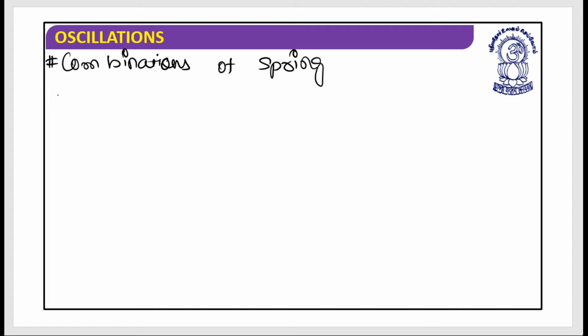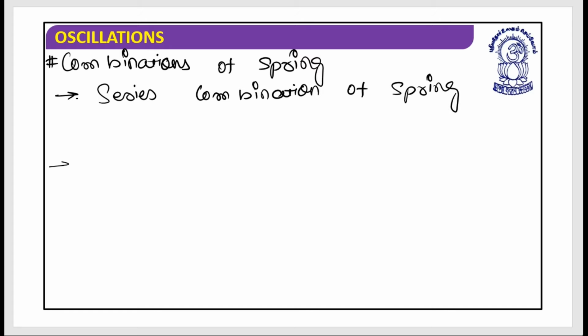So basically we are having the two combinations. One is the series combination of spring, and the second one is the parallel combination of spring.